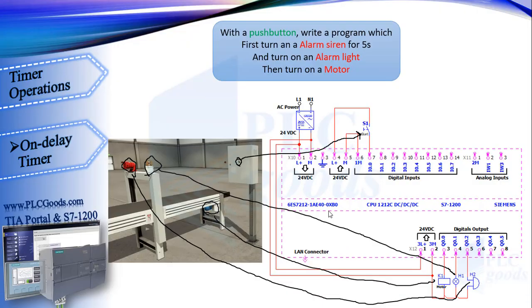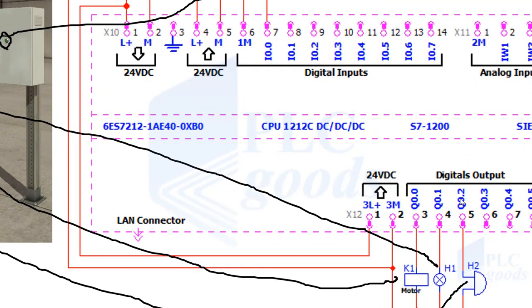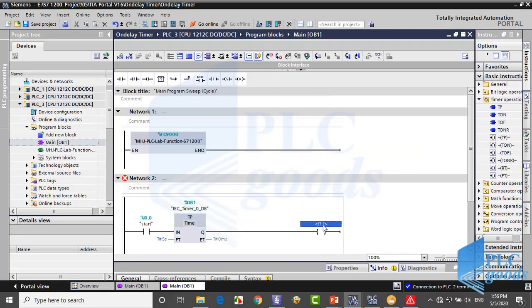Let's see the PLC wiring. The siren is connected to Q0.2. So I enter it here.